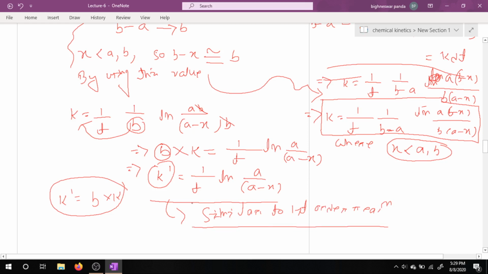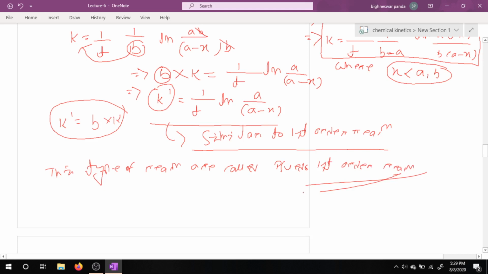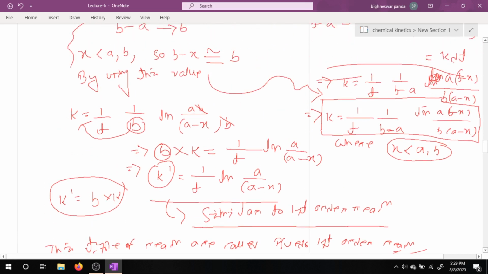And this type of reaction is called a pseudo first order reaction. The reaction appears to be second order but the rate constant appears to be first order, and this type of reaction is called pseudo first order.